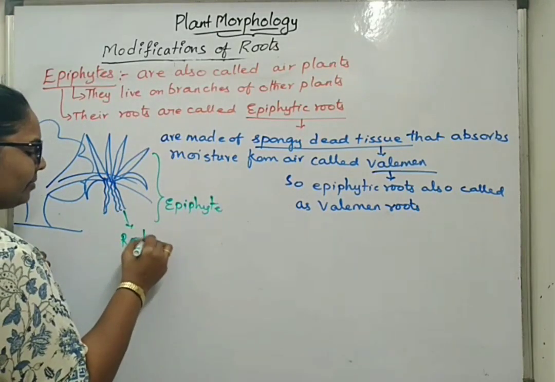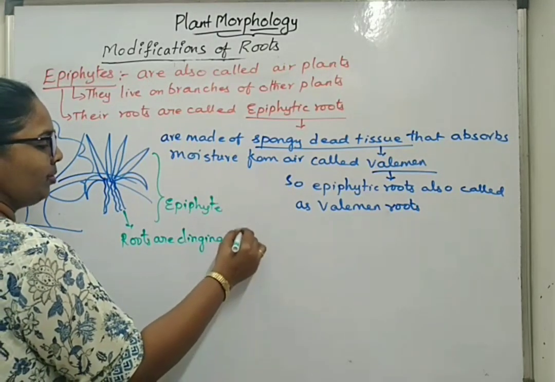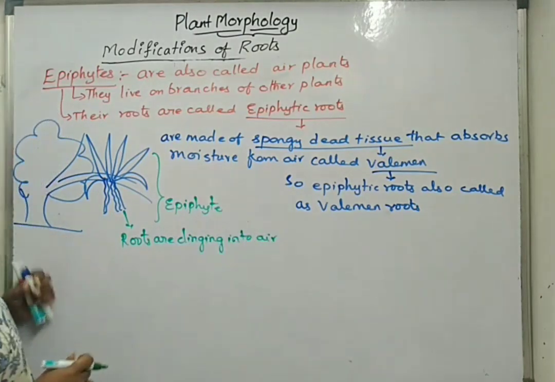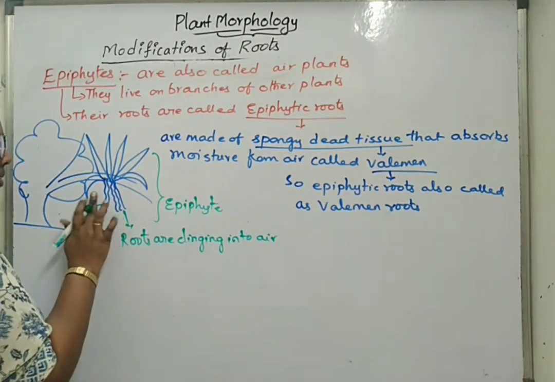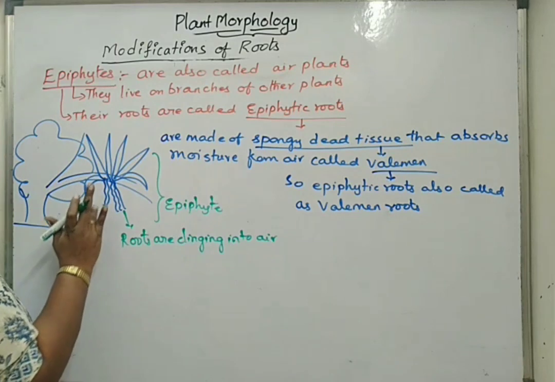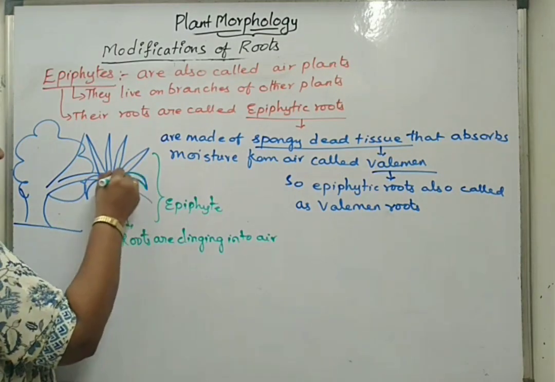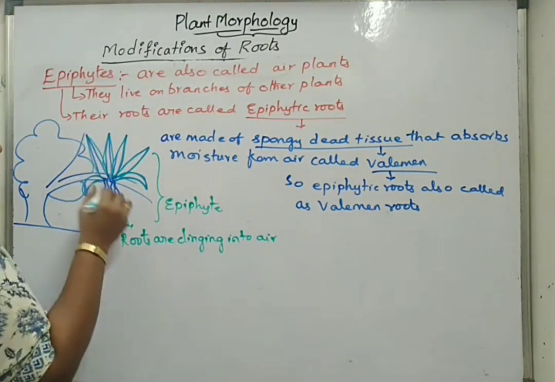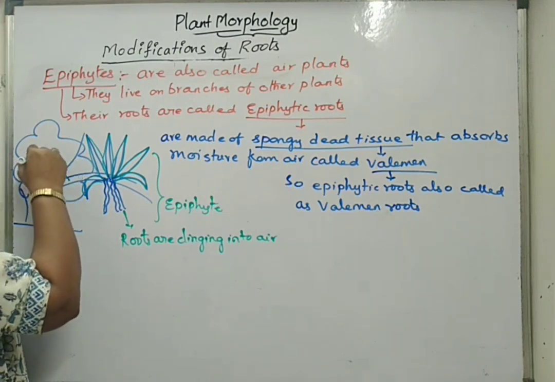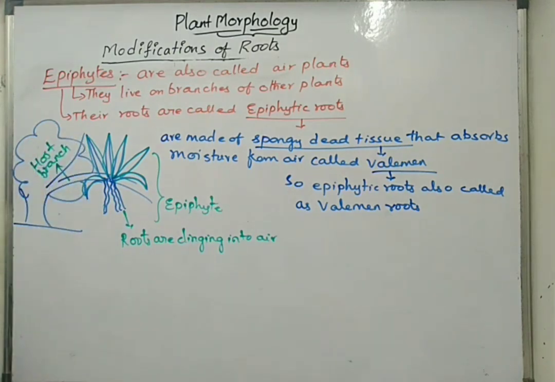Roots are clinging into air. Next, these roots absorb moisture. Already we have written that point here. So this will be the host plant, host branch.